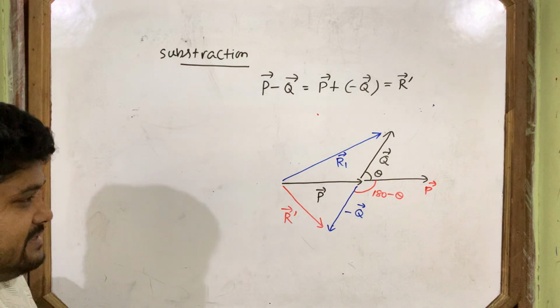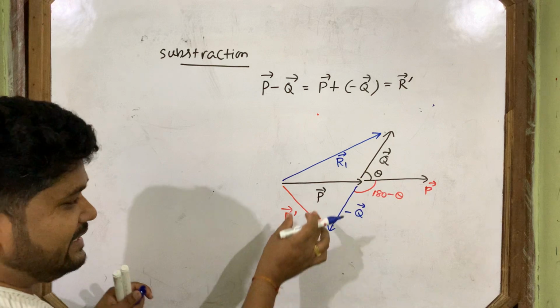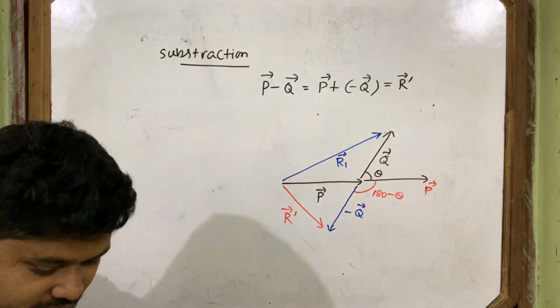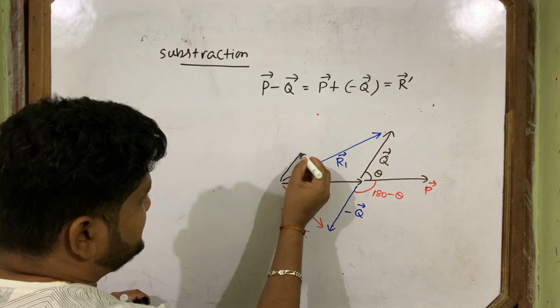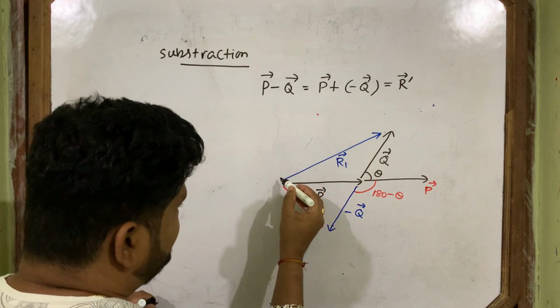So if it is like this, now let's do one thing. Make a parallelogram here taking P and Q. If this is Q, then I am drawing Q here exactly parallel to that.